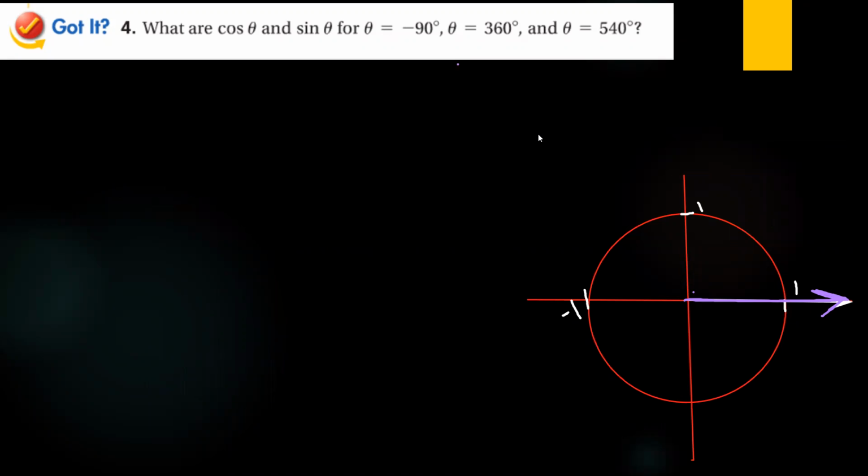After we finish the first rotation, we stopped at 360, and 540 is greater than it. So we have now to rotate again starting from 360. Now, here we have 360 plus 90. What did we get?